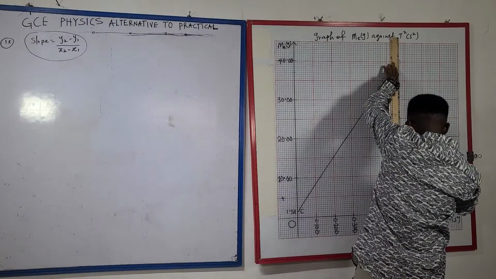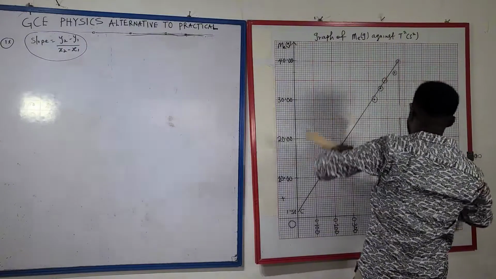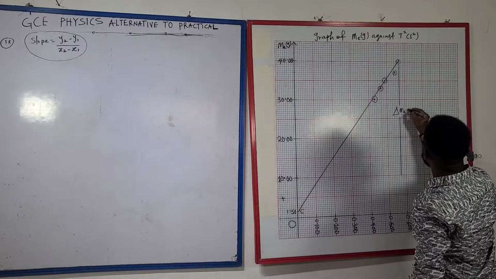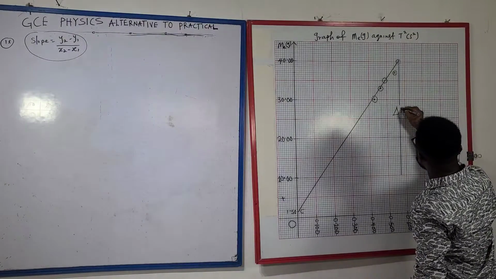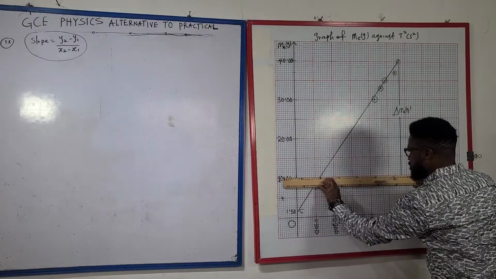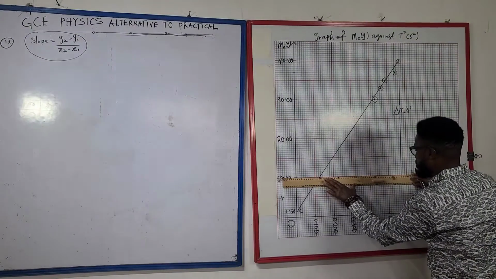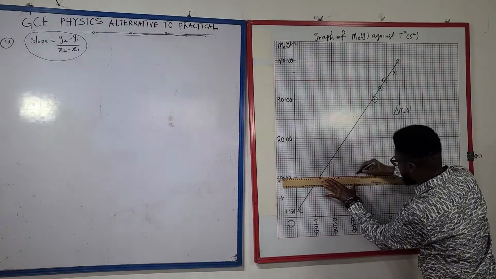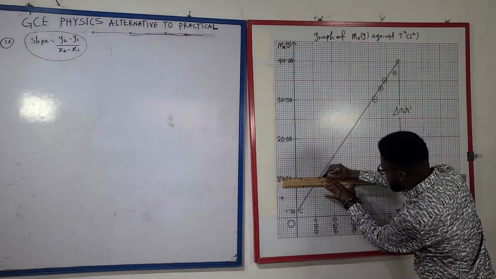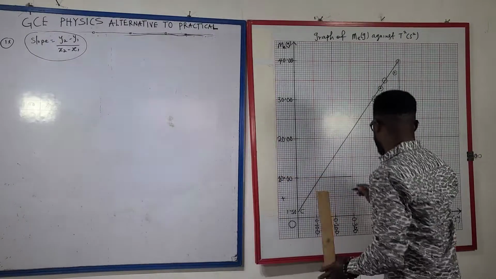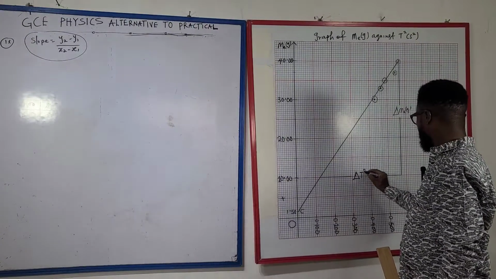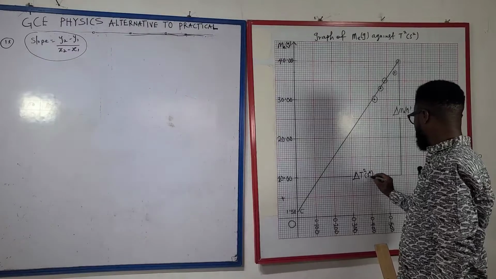Okay, I'll try to make it as big as possible. This is going to be my change in ME in grams. And then this is going to be my change, delta t square, in seconds square.